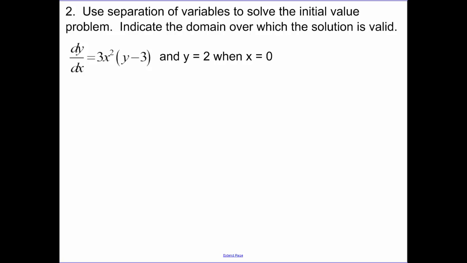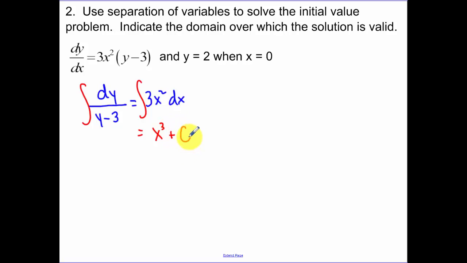Okay, next one. And this is actually really similar to ones that you're going to be finding on the AP. So I separate my variables out. I'm going to have dy over y minus 3 is equal to 3x squared dx. Take your integral. Again, I'm going to do this right side first. We have x to the third plus c. Now the left side is technically a u substitution.